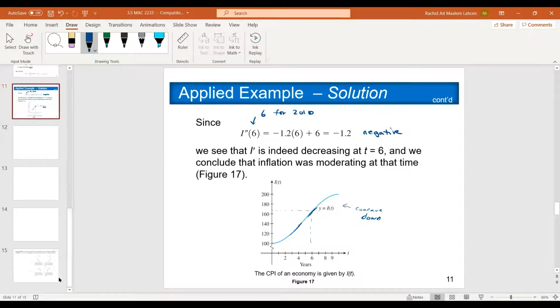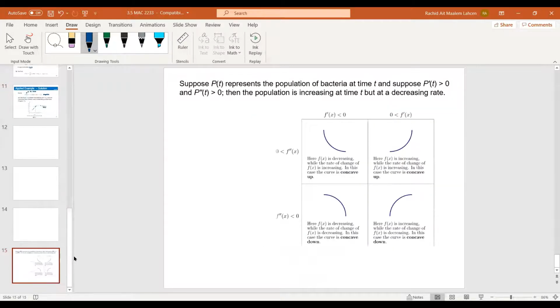And I'll show you the chart for the last example that I'll talk about, and I think this one in the homework is, let's see what number is this, number 10. And to summarize the idea, we look at the first derivative and the second derivative to tell about the curve, how it is changing.